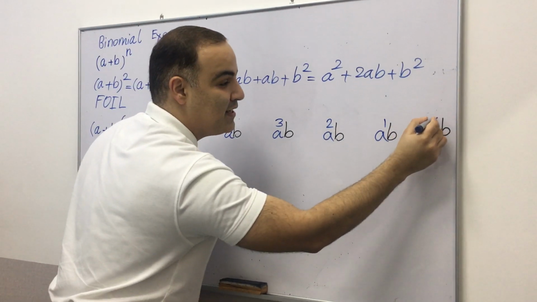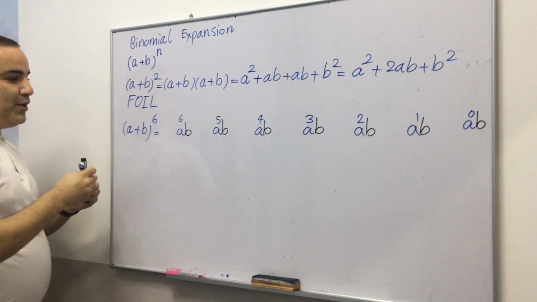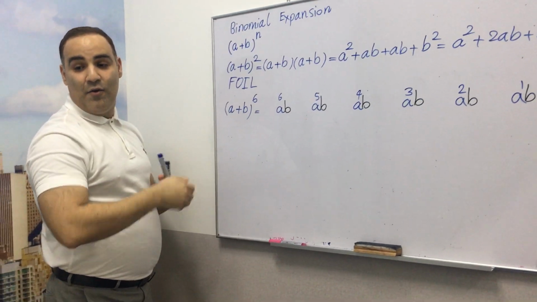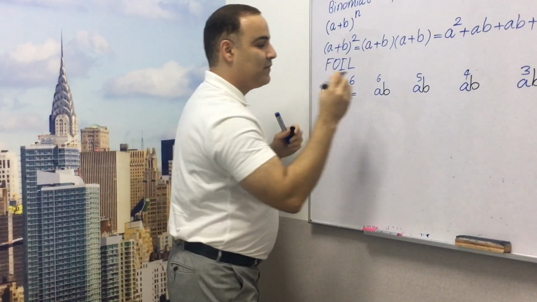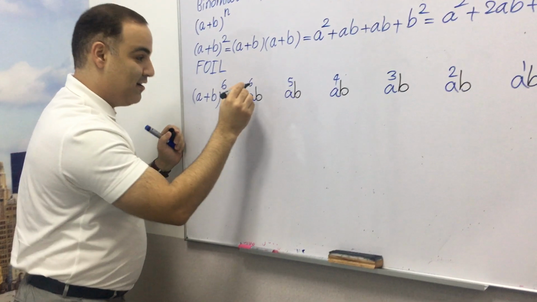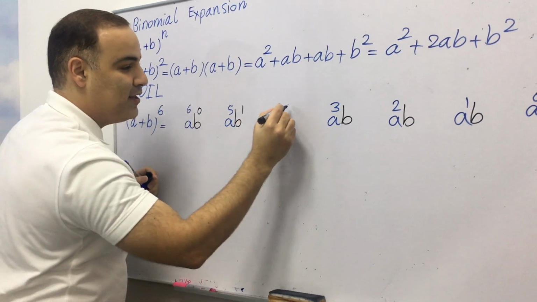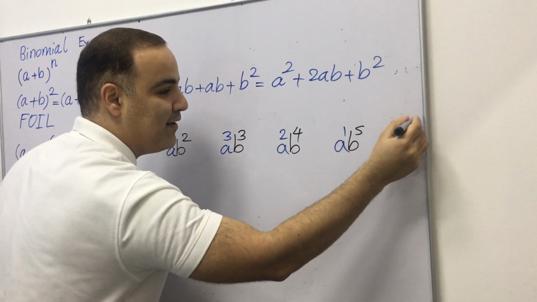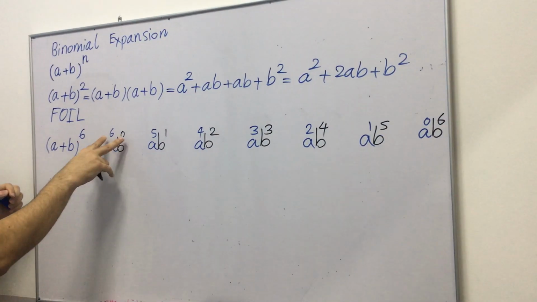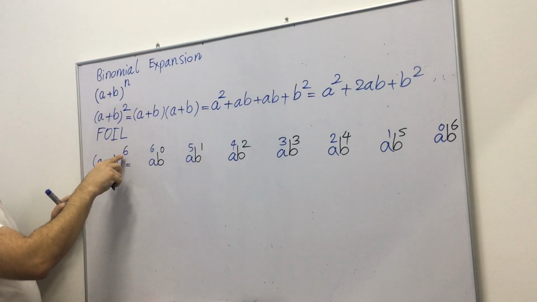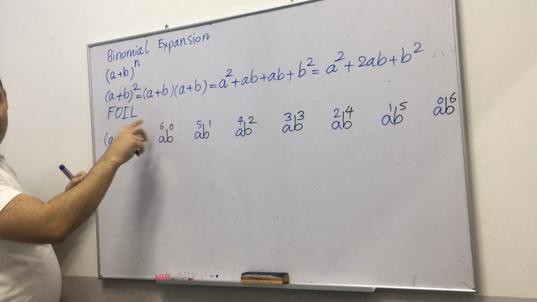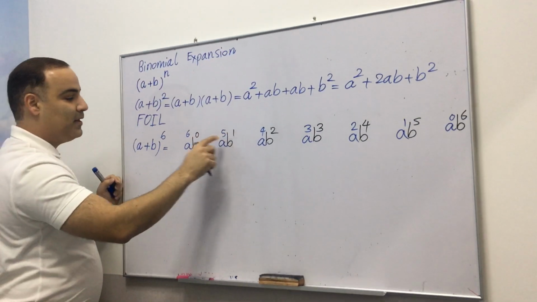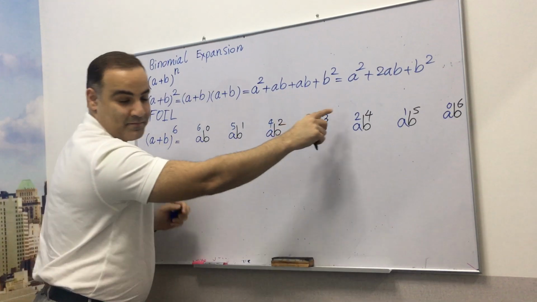Stop at 0. And then what do I do with B? I go in ascending fashion. So start with 0: 0, 1, 2, 3, 4, 5, and 6. And you see when you add the two powers, you always get n. 6 plus 0 is 6. 5 plus 1, do you see that?